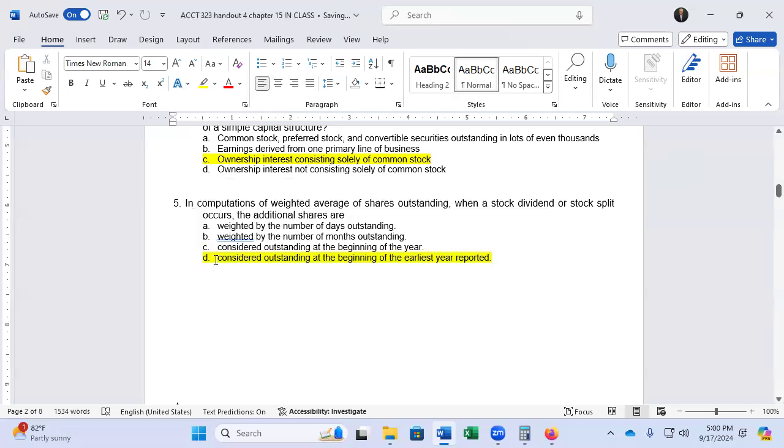So if you were doing financial statements for 2025 and you have a comparative statement for 2023, you have to go back and adjust all shares to reflect the new shares outstanding. If you split 2 for 1 in 2025, you have to go back and double those shares in 2024. Otherwise, the comparative wouldn't make sense, right?